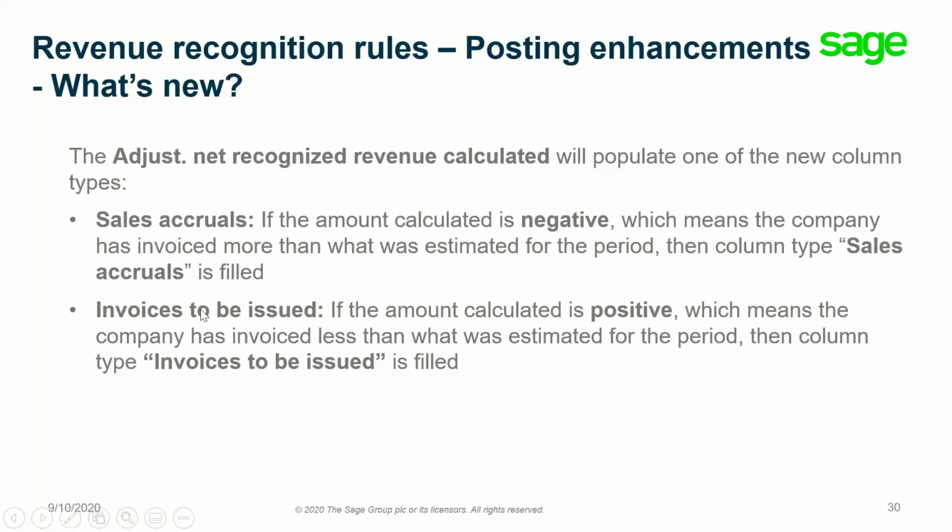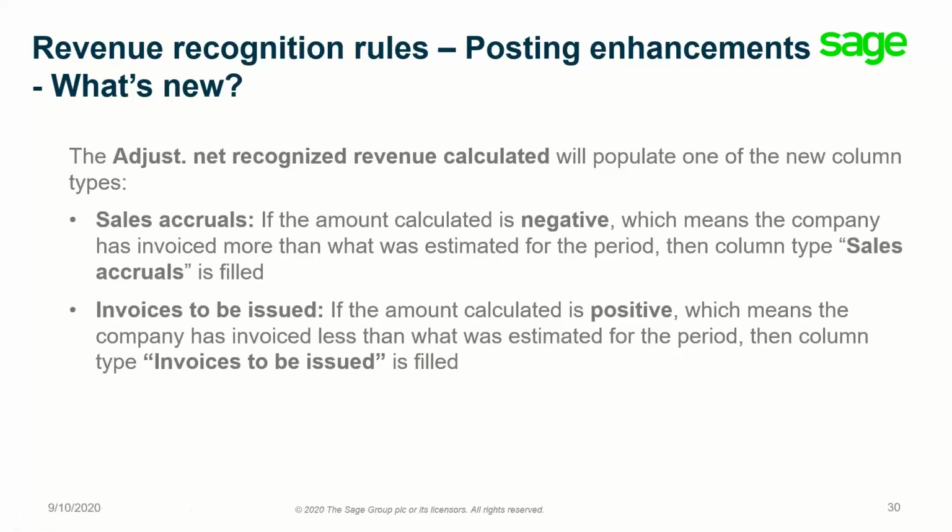If it's a positive amount, the system will populate the invoices to be issued. What does it mean in that case? It means that for that project the company has invoiced less than what was estimated for the period based on the completion percentage.